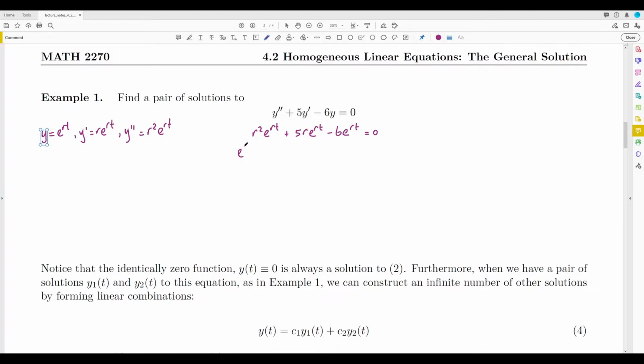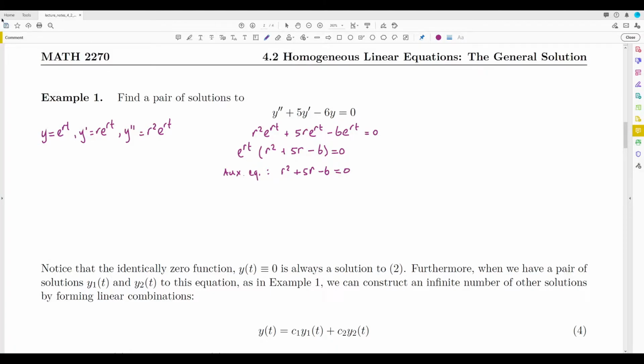And then we can factor out an e to the power rt, and we get r squared plus 5r minus 6 equals 0. And so our auxiliary equation is r squared plus 5r minus 6 equals 0.